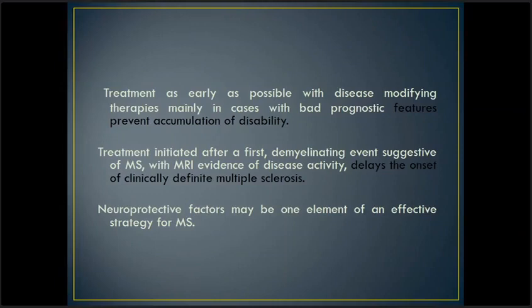Treatment initiated after a first demyelinating event suggestive of MS, with MRI evidence of disease activity, delays the onset of clinically definite MS. So, in patients with a clinically isolated syndrome, those patients in whom we cannot yet diagnose MS, we will delay the change from clinically isolated syndrome, the first attack, to a definite case of MS. And this is a very good aim.